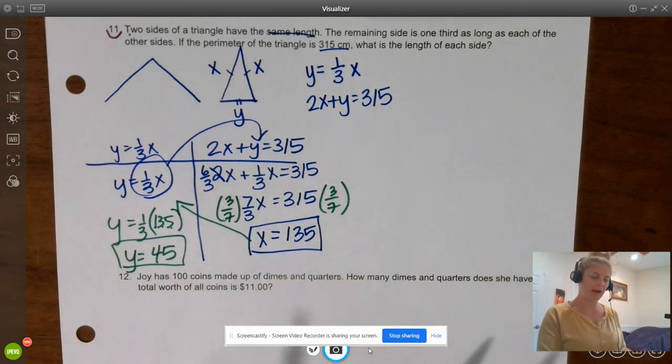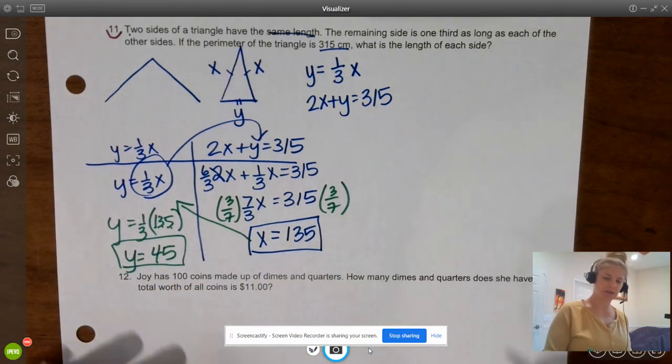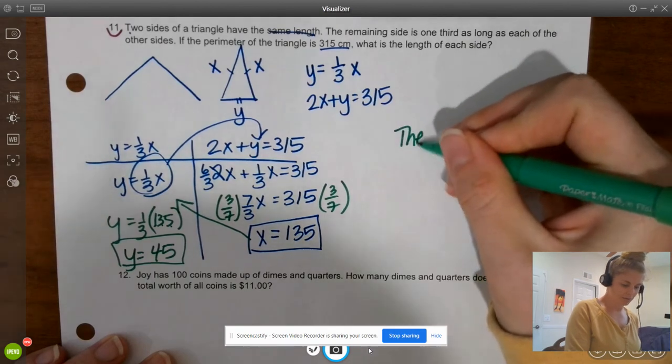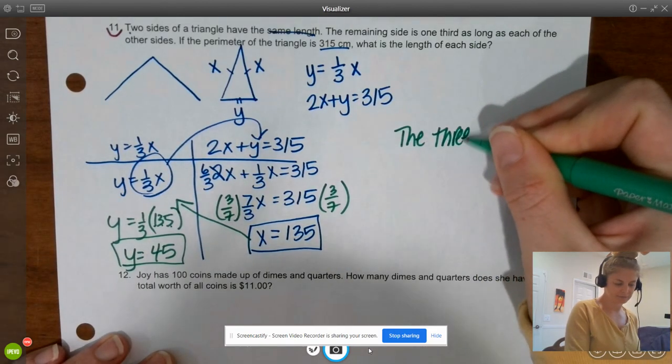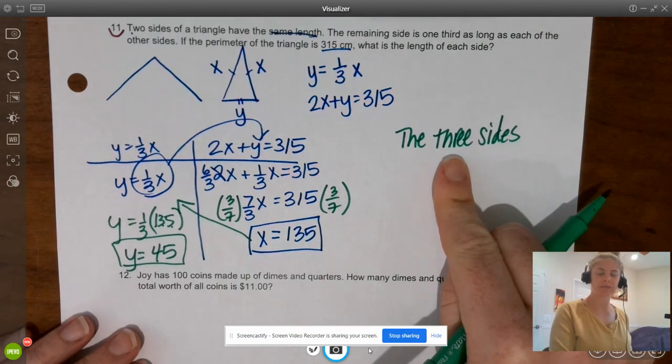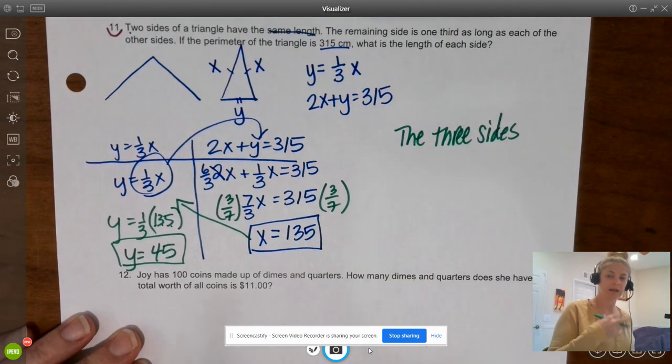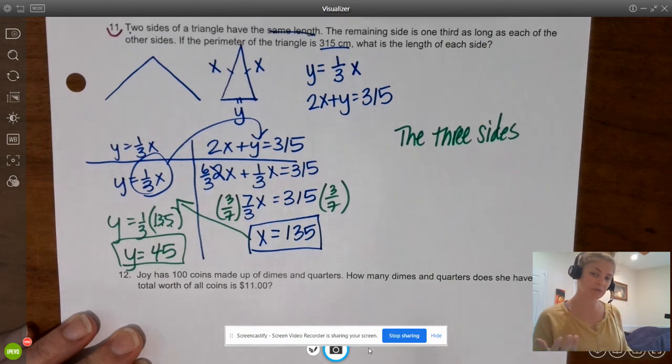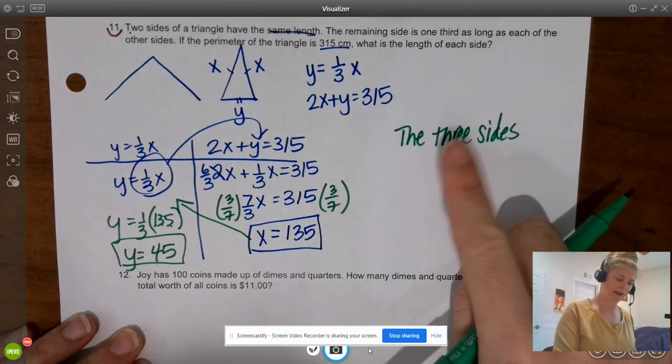So now let's go back, and since we're talking about lengths, we do need our units. So the three sides. And we do want to write out the word three since we don't want to mix up using numbers for the measurements and numbers for talking about the amount of sides. We want to write out that word.